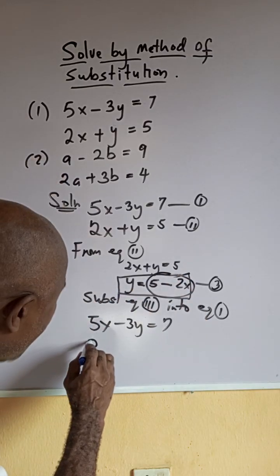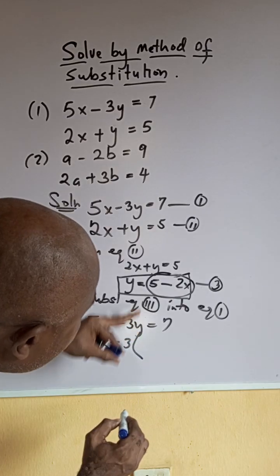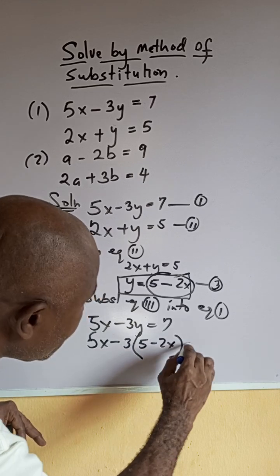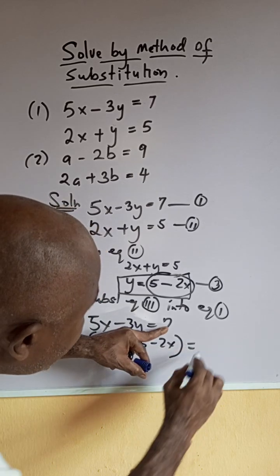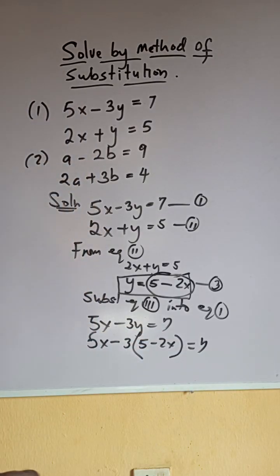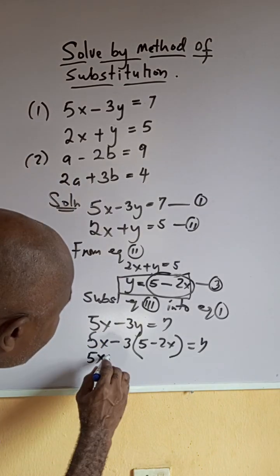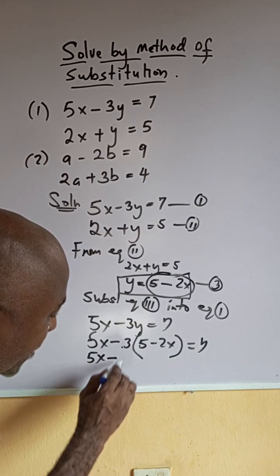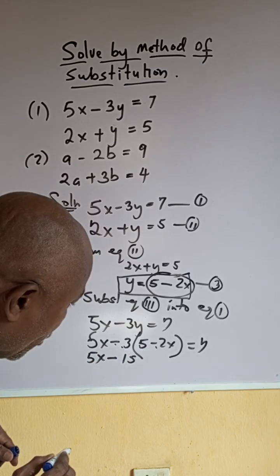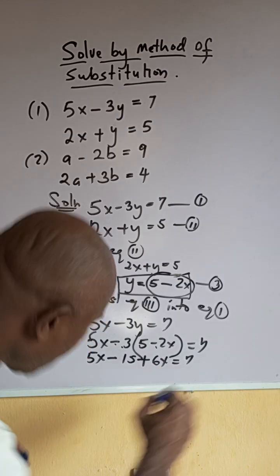So we will have 5x minus 3 bracket 5 minus 2x, which is equal to 7. Next we open the brackets. Minus 3 multiplies 5 gives minus 15, and minus 3 multiplies minus 2x gives plus 6x, equal to 7.